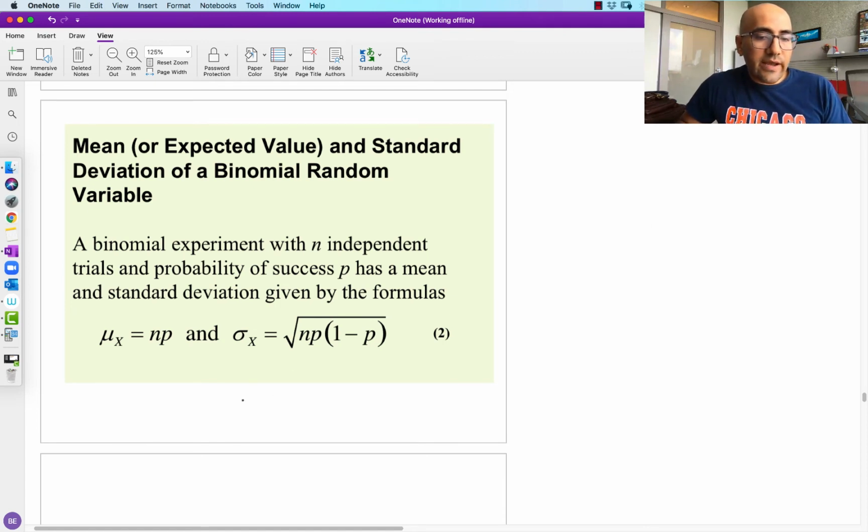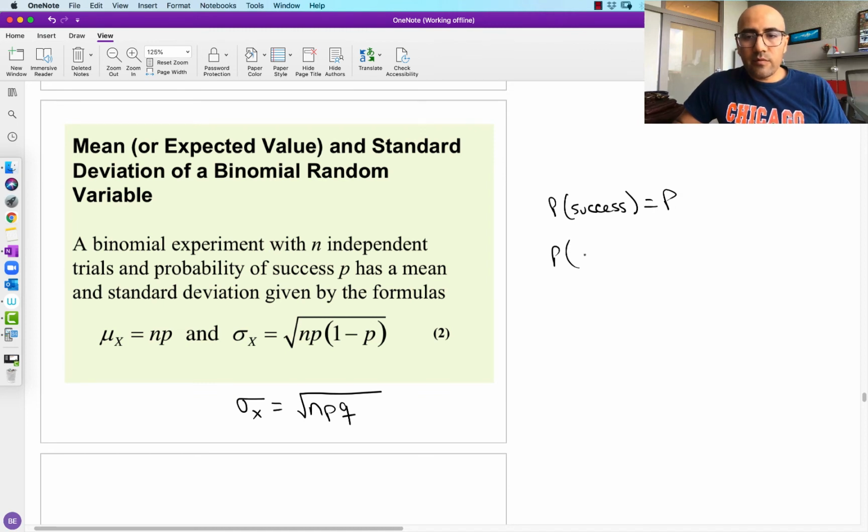So the way I like to remember this is to say that the standard deviation is equal to the square root of npq. Just easier, faster, shorter, but it means the same thing, right? p is the probability of success, q is the probability of failure, which is equal to 1 minus p.